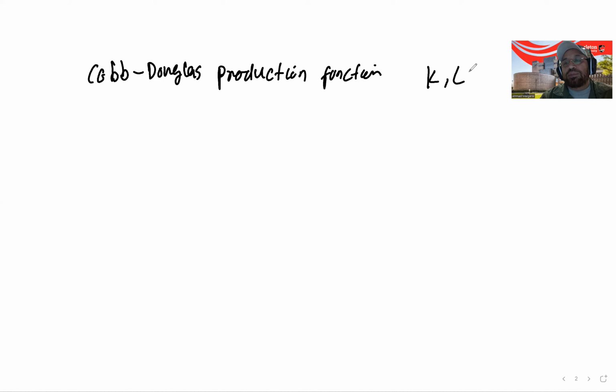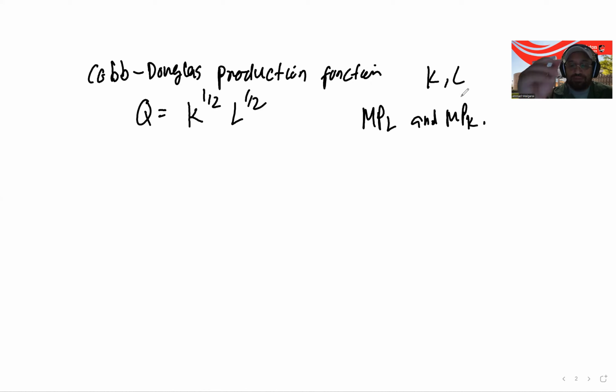Suppose our Cobb-Douglas production function looks like output Q is equal to K to the power of 1.5 and L to the power of 1.5. So we have two arguments, which are capital and labor. And we are going to evaluate this function and find the marginal product of labor and marginal product of capital.